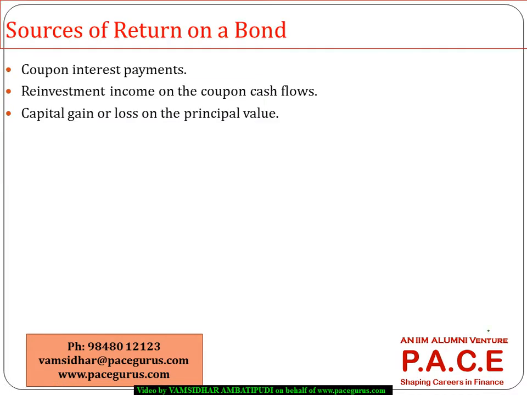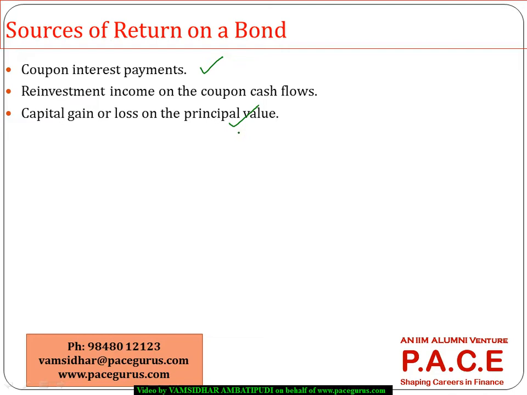Now, whenever we talk about the return on a bond, we have three various sources. Two are very much known ones, like the coupons which the bond is going to pay. The coupon which the bond is going to pay is a source of income for the person who has invested in the bond. Along with that, the capital gain or loss.